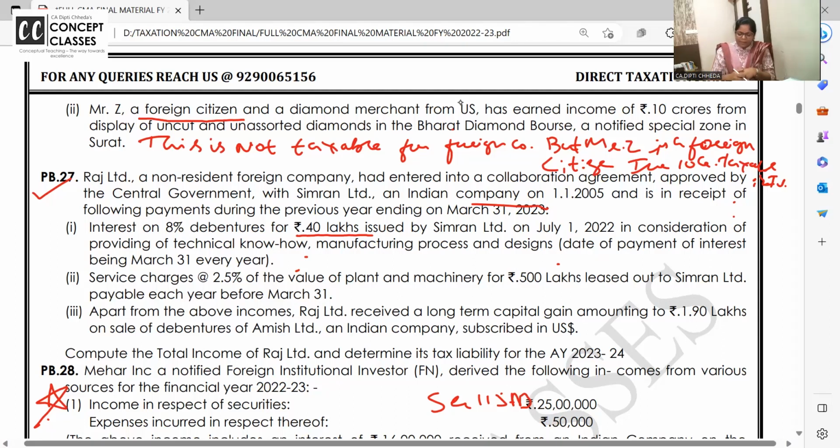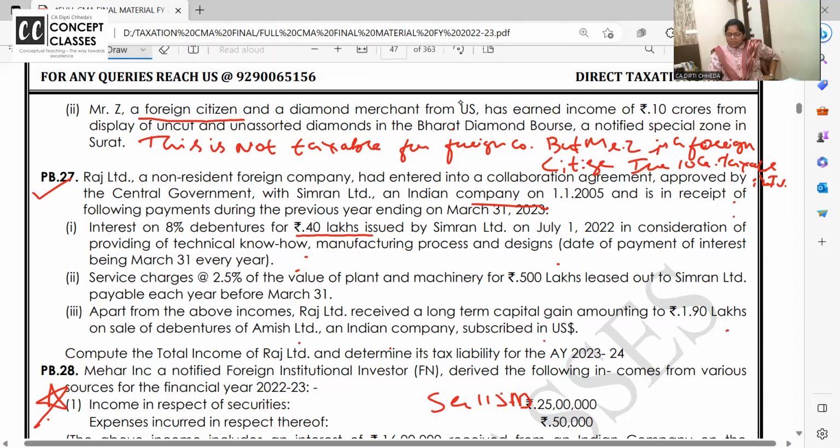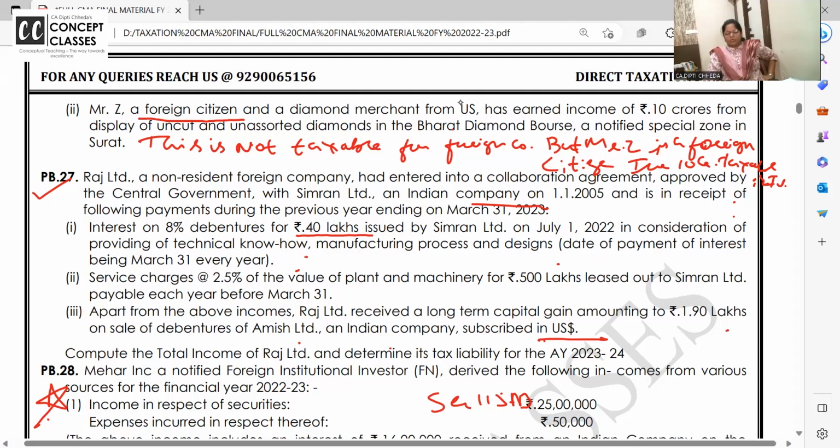So will it be taxable? Yes. Service charges of 2.5% on the value of plant leased out to Simran are payable, so of course these service charges will also be taxable. Apart from this, Raj received long-term capital gain on sale of debentures subscribed in convertible US dollars. So section 115F and all will be applicable.